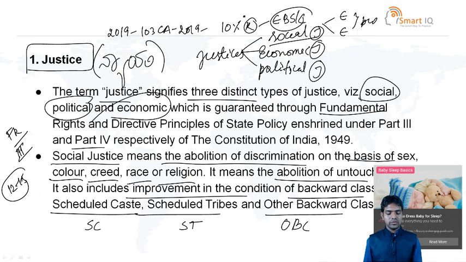That also includes improvement in the condition of backward classes. The original constitution talks about backward classes educationally and socially. Recently the Modi government in 2019 also gave reservation for the economically weaker sections of society, excluding the SC, ST and OBC communities.